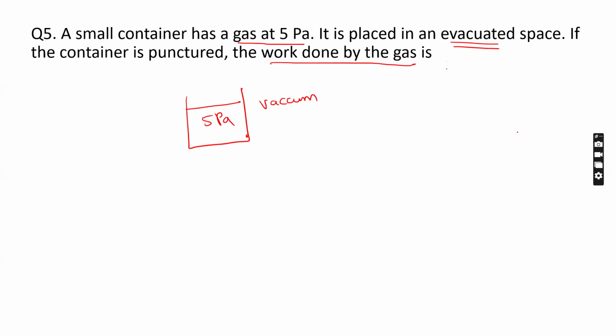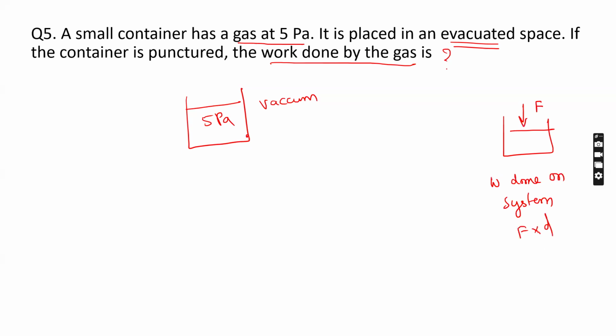Generally we see if we have something like a piston here and there is a force applied from an external source. So we say work done on system is expressed as force into displacement.